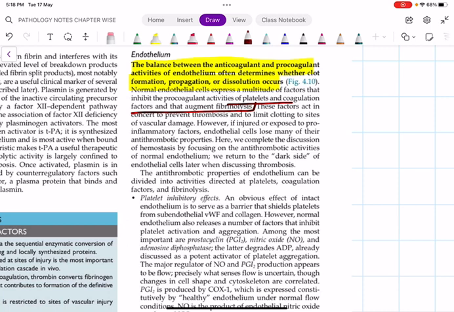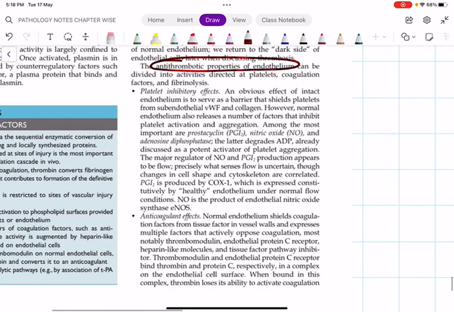What are those normal antithrombotic properties of endothelium? Number one is the platelet inhibitory effect. Normally, some compounds will be produced from the healthy endothelium, which will inhibit platelet aggregation. What are they?